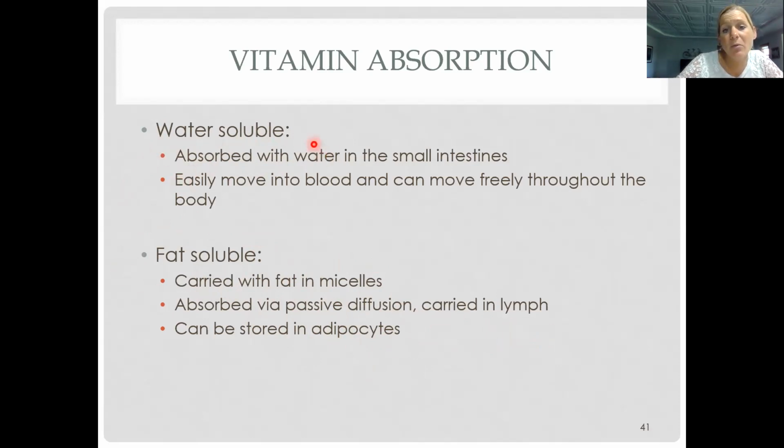They'll be absorbed with water in the small intestines. They're easy to move into the blood and they can move freely throughout the body. However, it's easy for us to excrete them because we can't necessarily store them. They're just kind of floating around. So it's almost more important for us to make sure we're consuming these water-soluble vitamins on a daily basis. Whereas the fat-soluble vitamins, we can store them somewhat, so not as essential that we're consuming them each day.